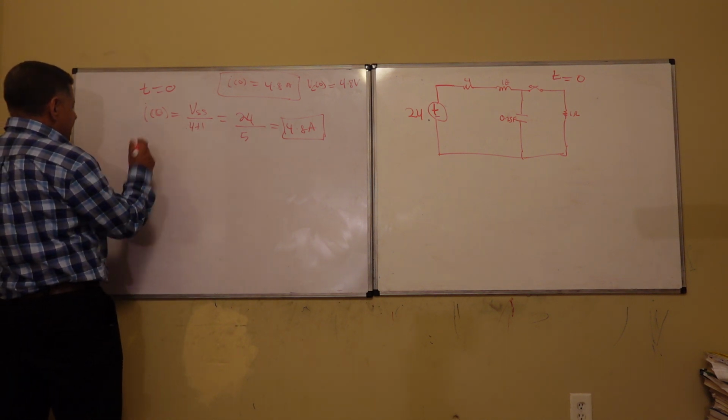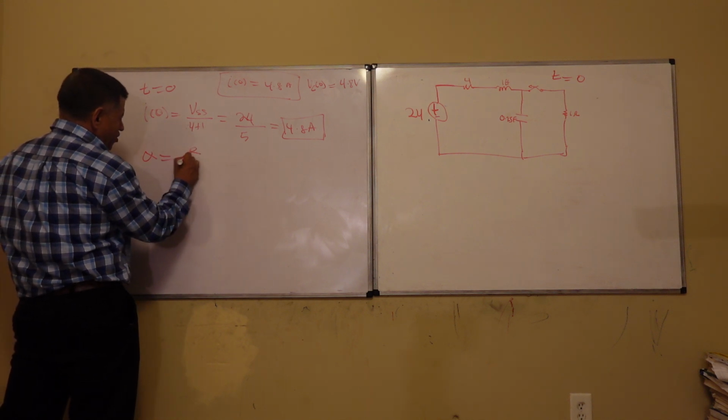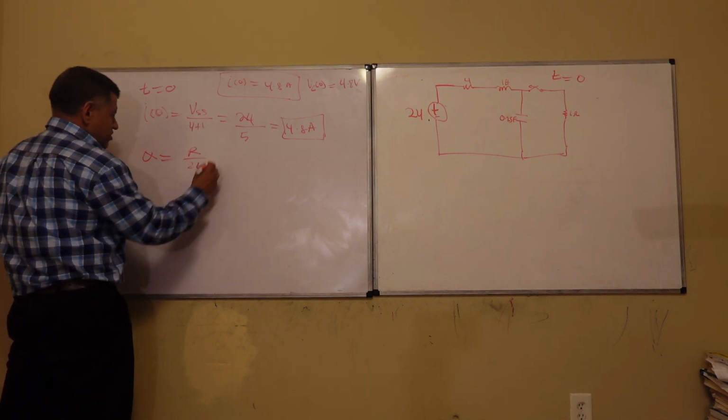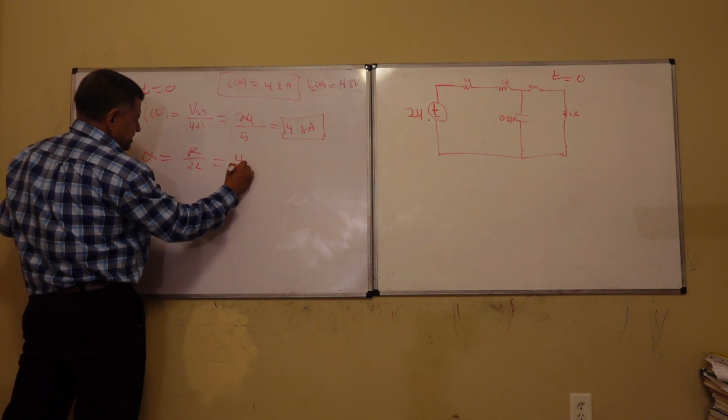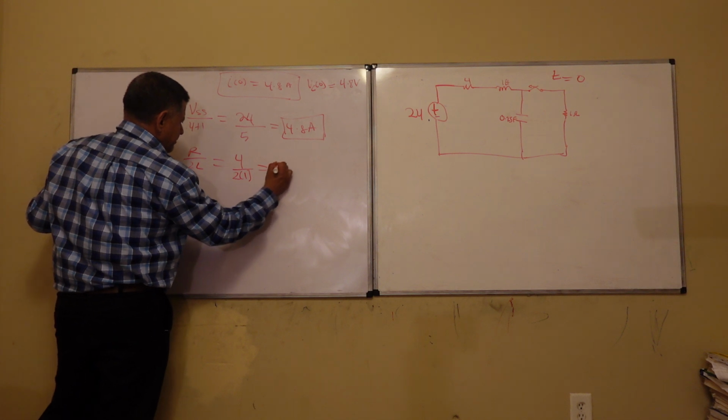So we need to find alpha, and alpha is going to be equal to R over 2L, which in this case is 4 divided by 2 times 1, and is equal to 2.